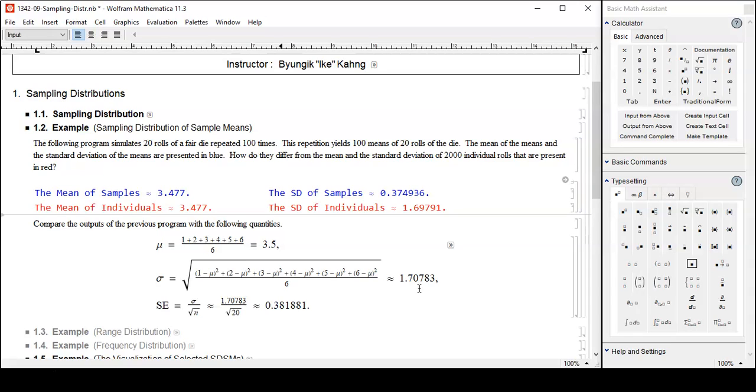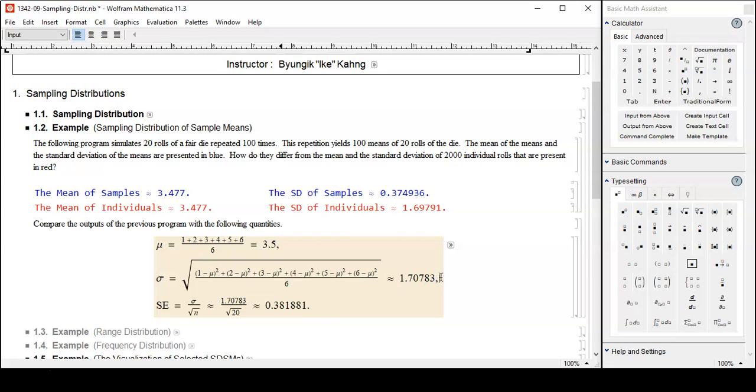Now, how about the standard deviation? This is the probability standard deviation of rolling one die. So 1 minus mean squared, 2 minus mean squared, 3 minus mean squared. So each deviation squared and divide by 6. If I divided by 6 minus 1, that would be the sample standard deviation, but this is the probability standard deviation, so just 6.